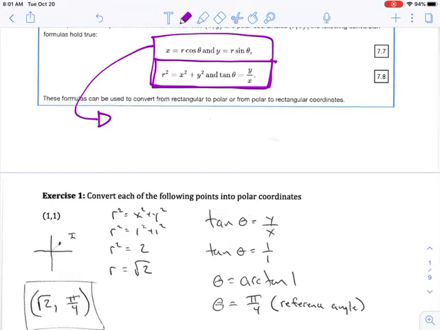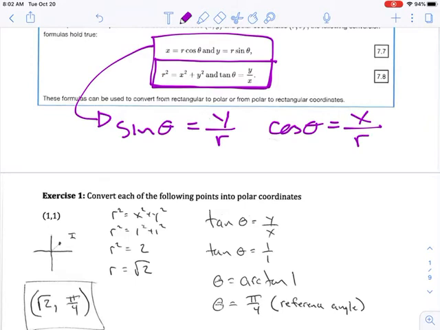So the sine of theta is equal to the opposite side, which is y, over the hypotenuse, and the cosine of theta is equal to the adjacent side, which is x, over the hypotenuse r. And so consequently, we can algebraically rearrange these to say that y is equal to r times the sine of theta, and that x is equal to r times the cosine of theta.